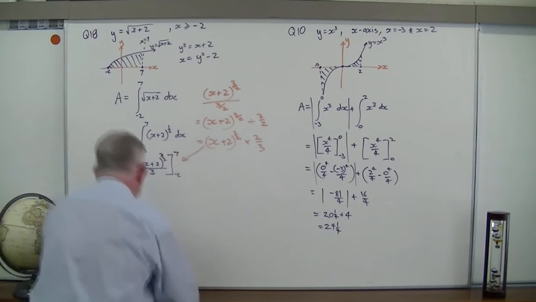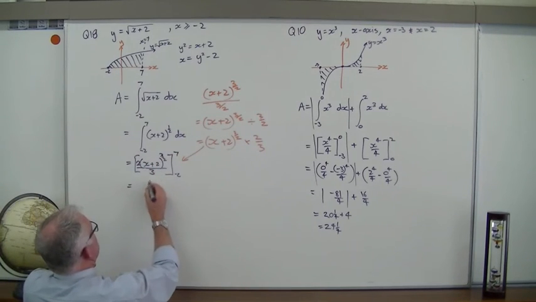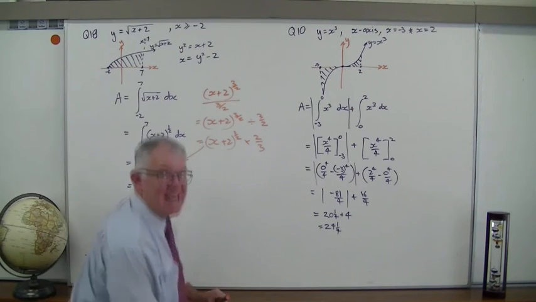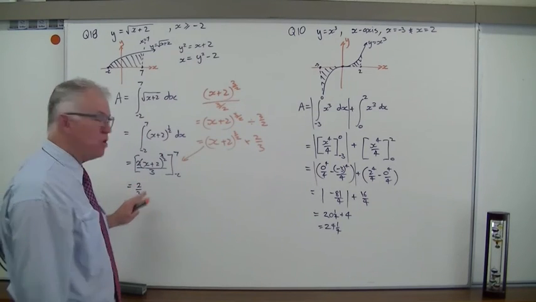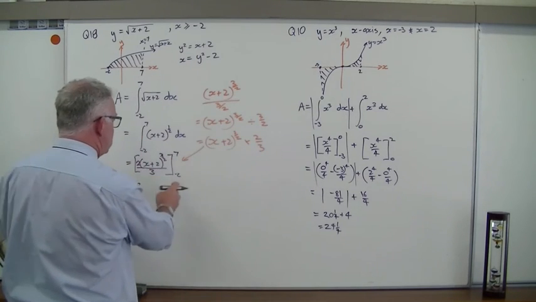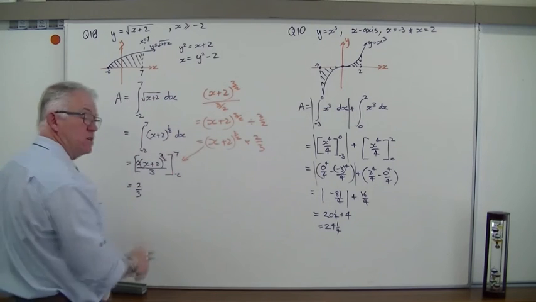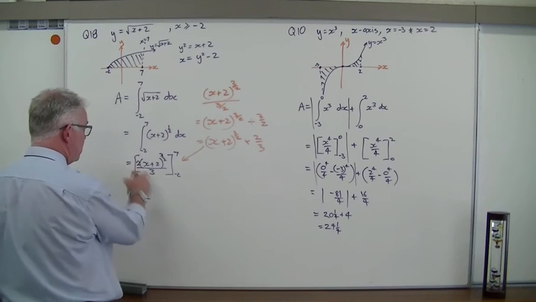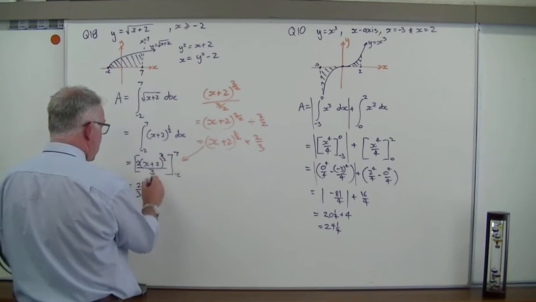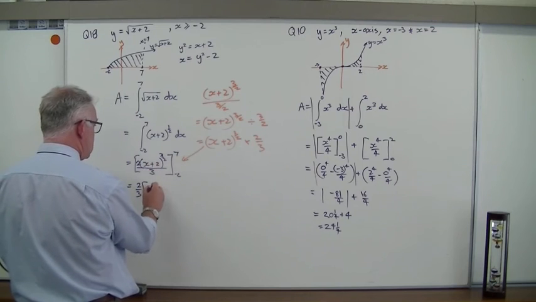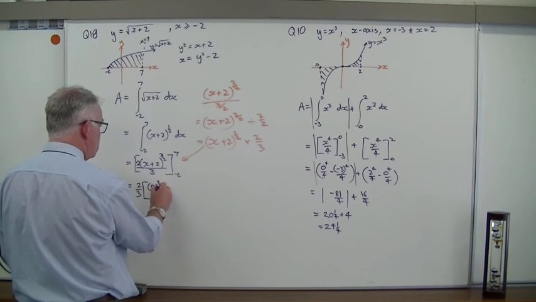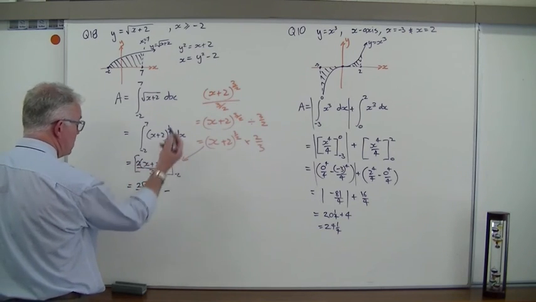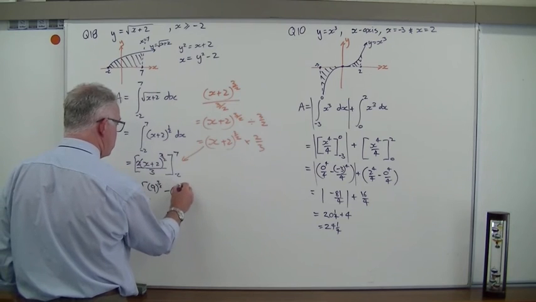We put these x values into this expression now. It's going to be convenient to pull 2/3 out the front as a constant multiplier, and then deal with all the x values and boundaries of the integration inside that bracket. So 2/3 is taken out the front, and we'll have 7 plus 2 is 9 to the power of 3 on 2, minus 2 plus 2 is 0, 0 to the power of 3 on 2.